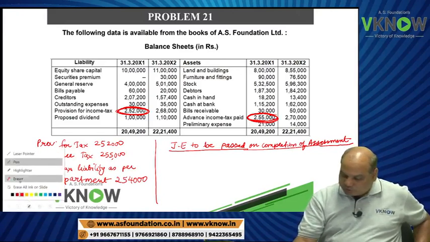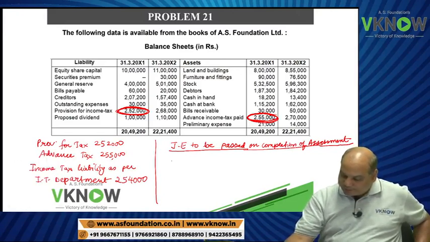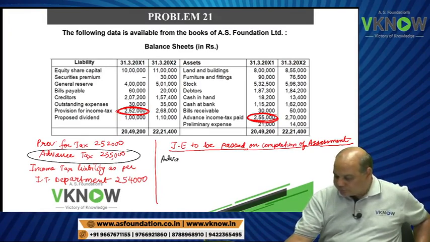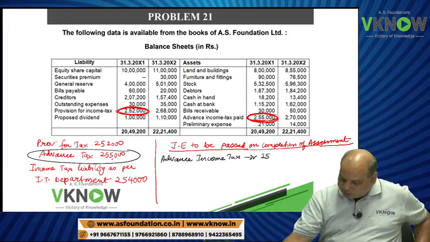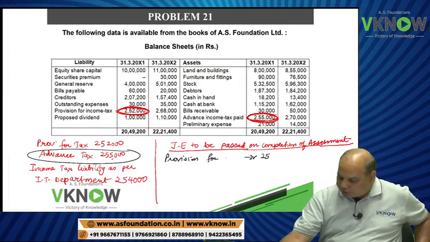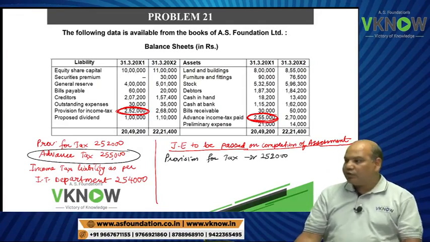So this company would pass the following entry: advance income tax account debit. Good student will write advance income tax account, we will credit it, it's already debit, just a minute. Provision for income tax account debit 2,52,000. This account will close.